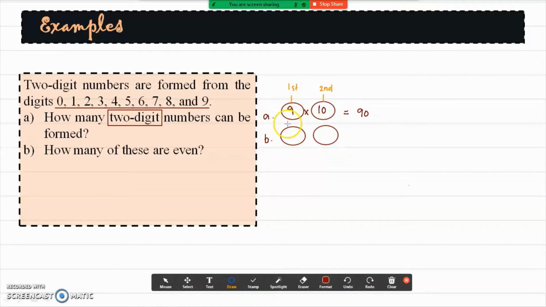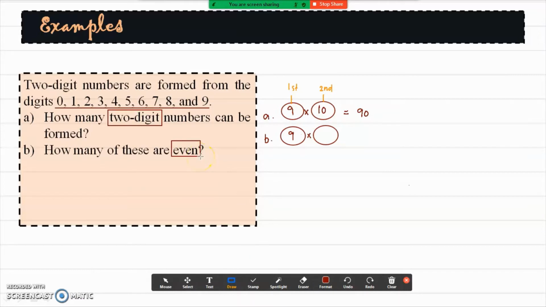The first circle will contain the number of possible options for the first digit, and the second will be for the second digit. For the first digit, we can't include 0, so we only have 9 possible options. Now for the second digit, we are asked for the even numbers.